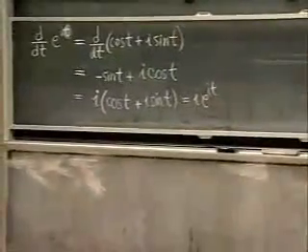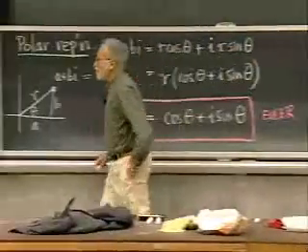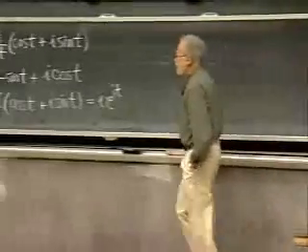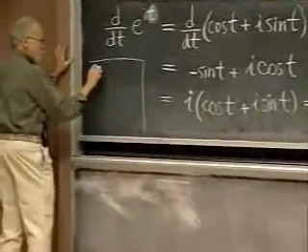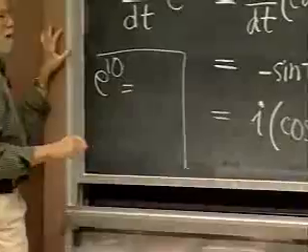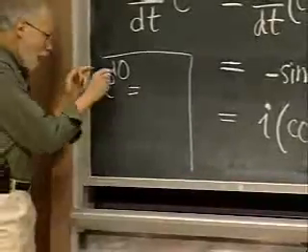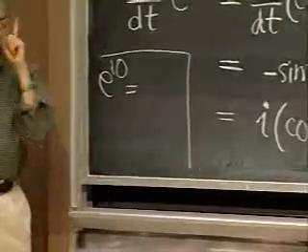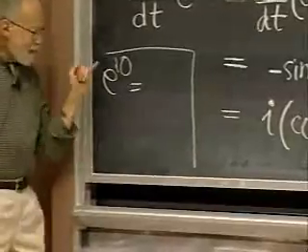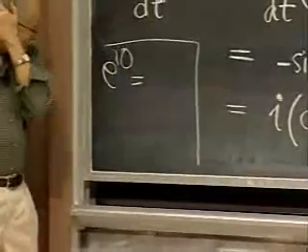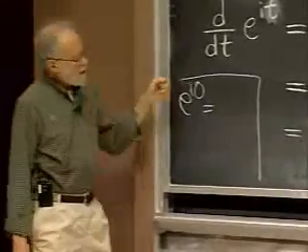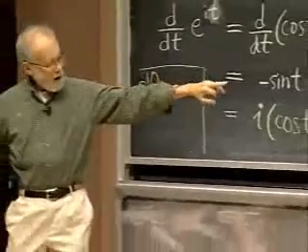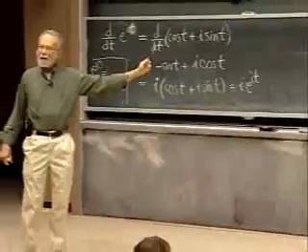So that works too. What about the initial condition? No problem. What is y of 0? What's the function at 0? Well, don't say right away, i times 0 is 0, so it must be 1. That's illegal. Why is that illegal? It's because you're not exactly in that formula, you're not multiplying i times theta.